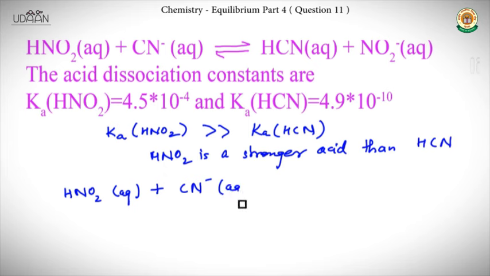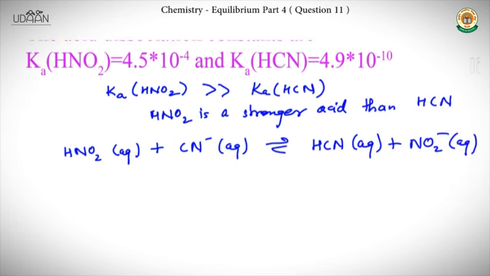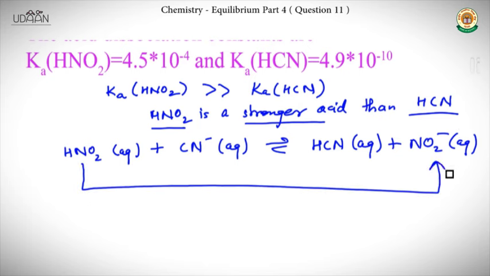Now, let's see the reaction given to us. In this reaction, when two acids are competing for releasing a proton, the stronger acid obviously wins. Since HNO2 is a stronger acid than HCN, and acids release H plus in aqueous solution, moving from left to right HNO2 is releasing H plus.